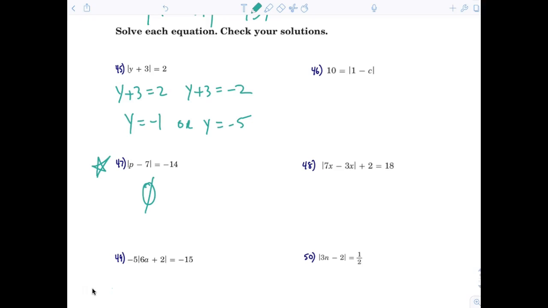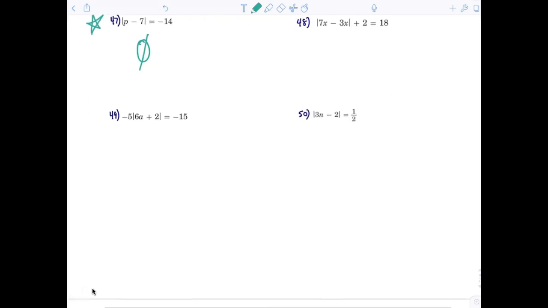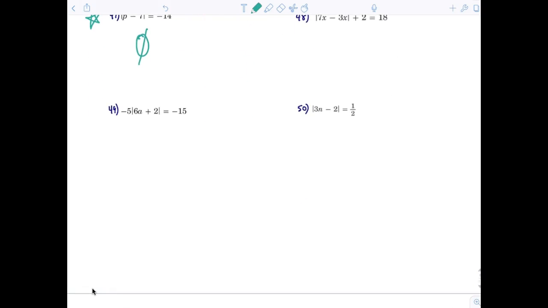Now, on number 49, the intention for 49 was to remind you that you have to isolate the absolute value. When you isolate the absolute value, you have to divide both sides by negative 5. So when I divide by negative 5, I now have 6a plus 2 is equal to 3.